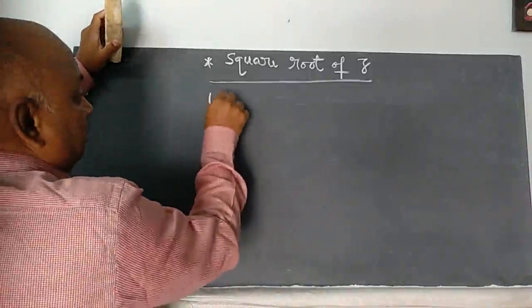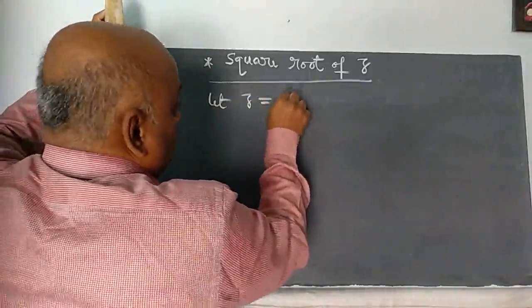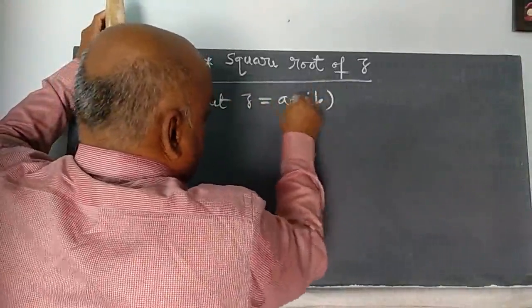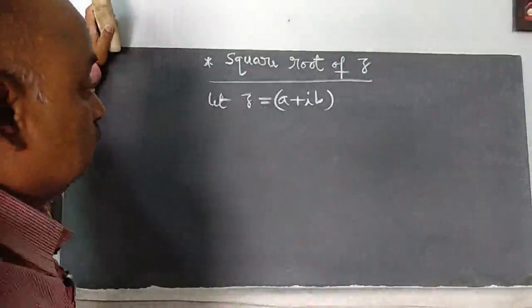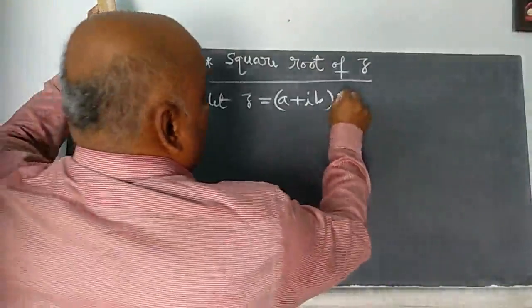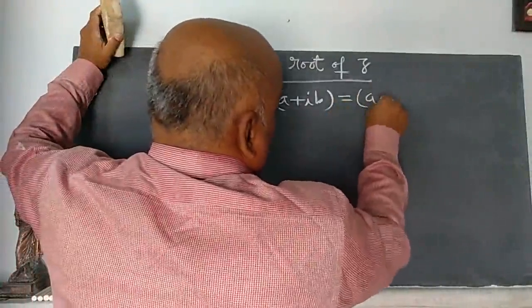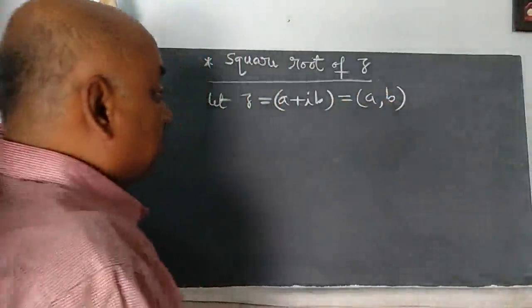Let z equal a plus ib, which is always an ordered pair (a, b).